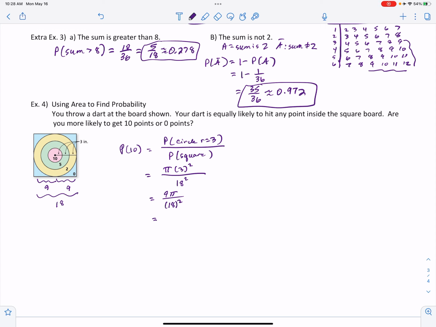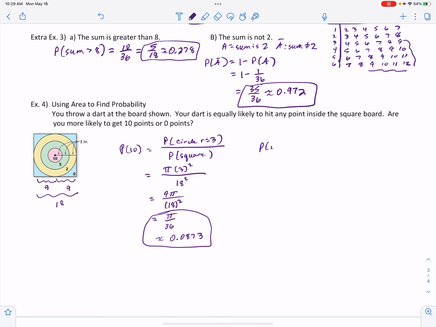You get 2 times 18 on the bottom, so that's pi over 36 for the exact theoretical probability. And if you put that in a decimal form, you get 0.0873.